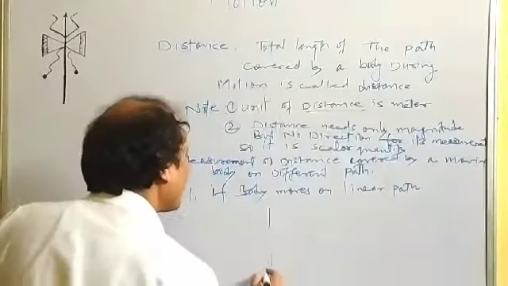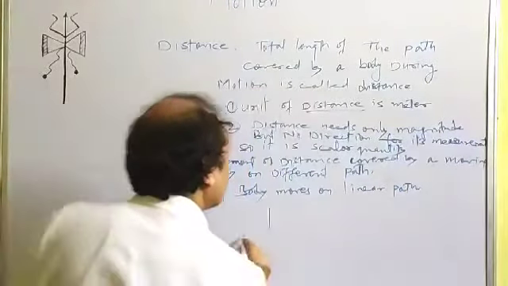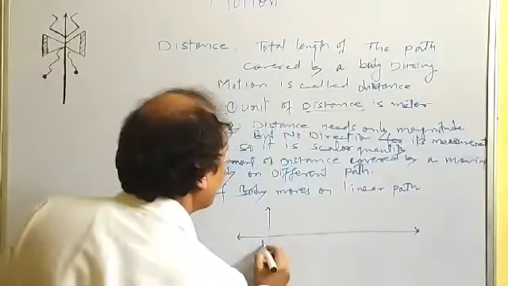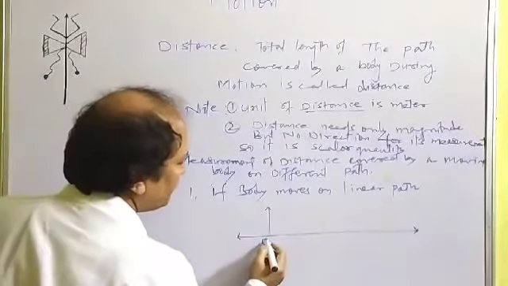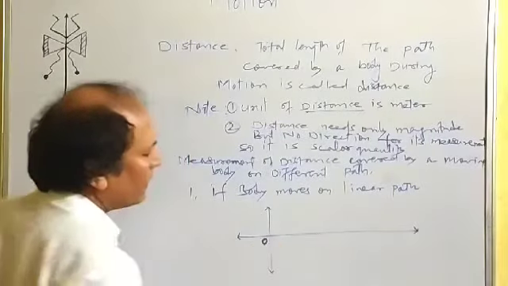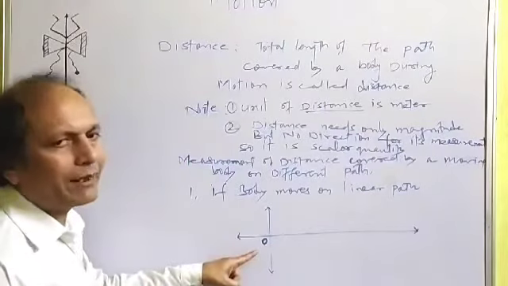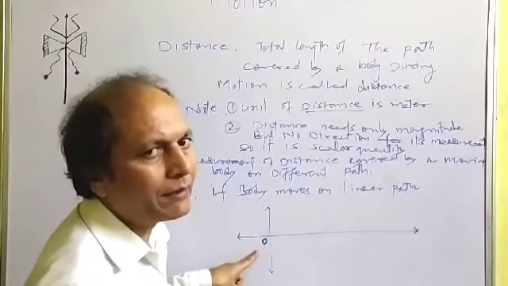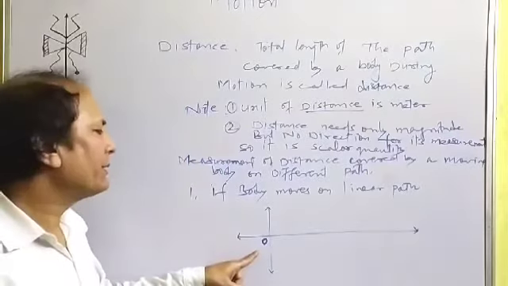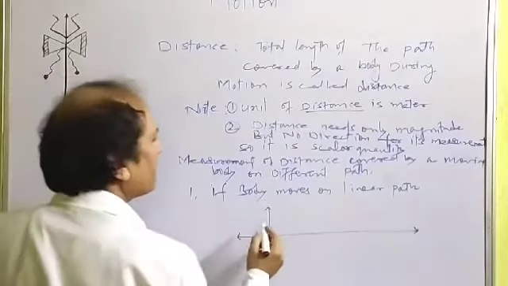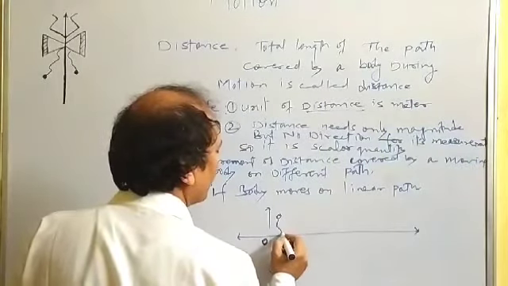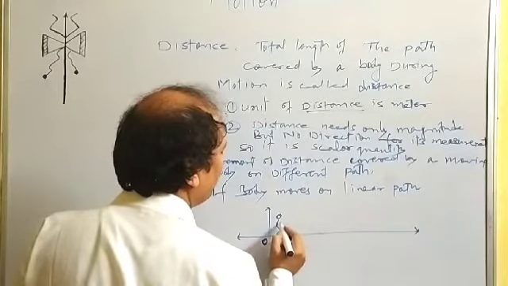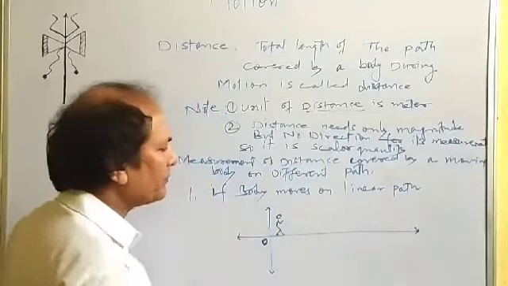For example, suppose it is a path. Here is the origin point, or we can say the starting point. Suppose a person is moving on this path.